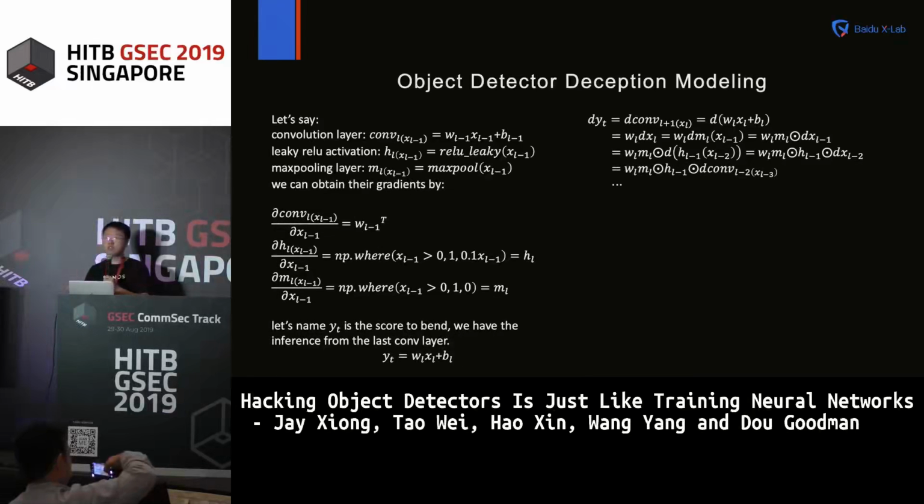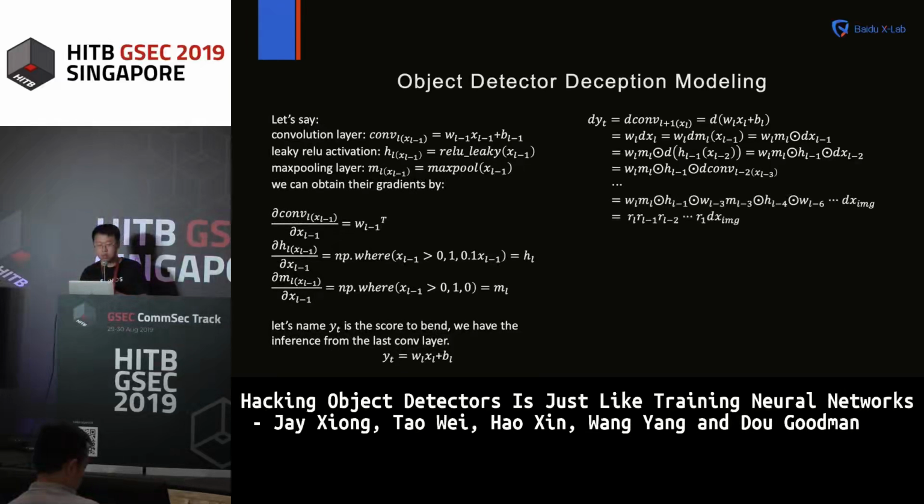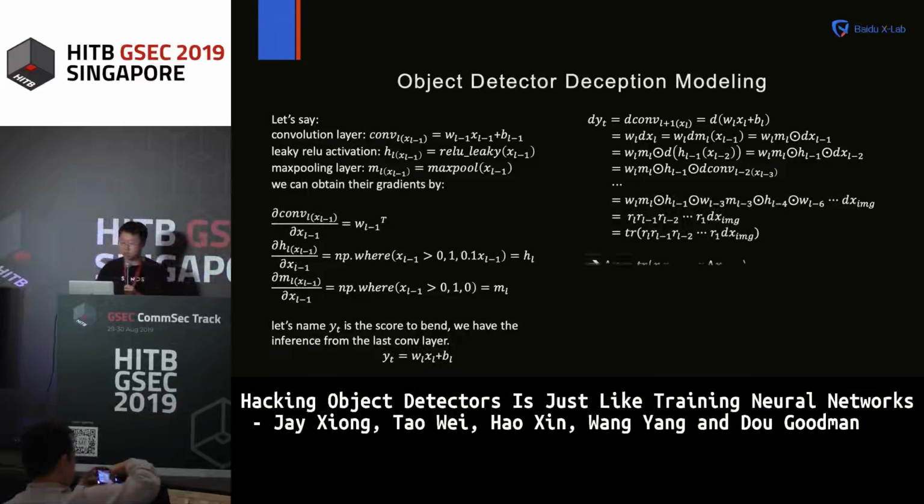Actually, in an object detector model, since it consists of convolution, max pooling, and leaky ReLU, we can see them as a series of matrix multiplications repeated. And since the target we attack is a scalar output, like a confidence, YT represents Y target.